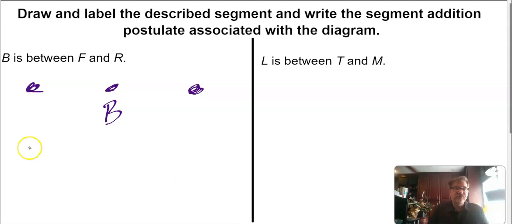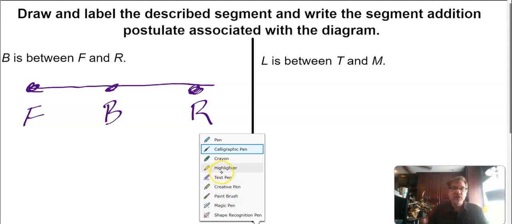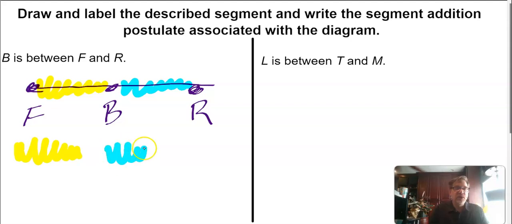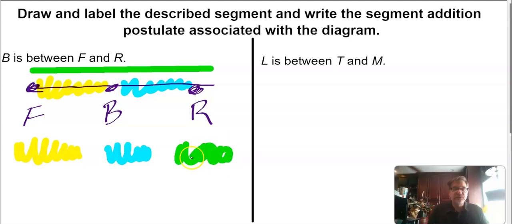I'm going to put F in front, and I am going to put R in back. And there's my segment. So the segment addition postulate allows me to say the length of FB plus the length of BR equals the entire length, FR.